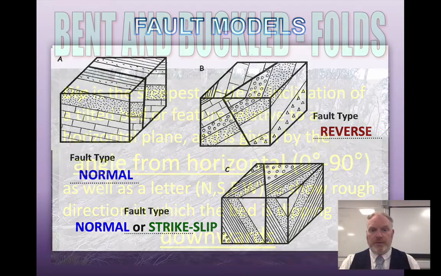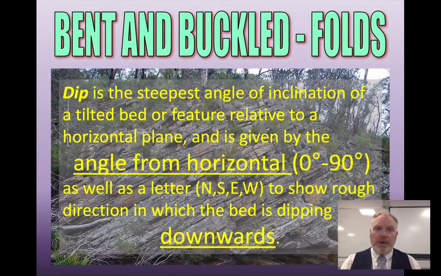Let's move it on, because I want us to talk about folds. We're working here on page 11. And I want us to start talking about a feature in the rocks that we call dip. Now, dip to a geologist is the steepest angle of inclination of usually a bed, but it could be a fault, it could be other features as well, but in particular a bed or a fault.